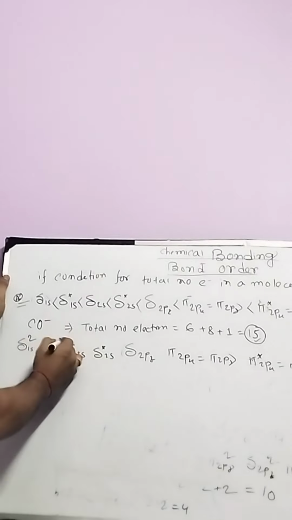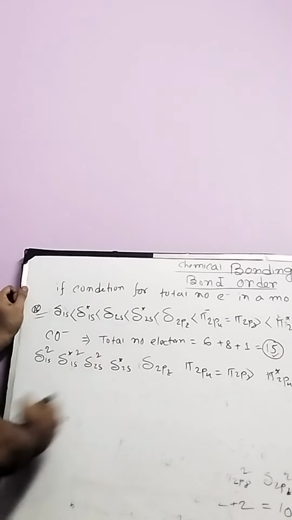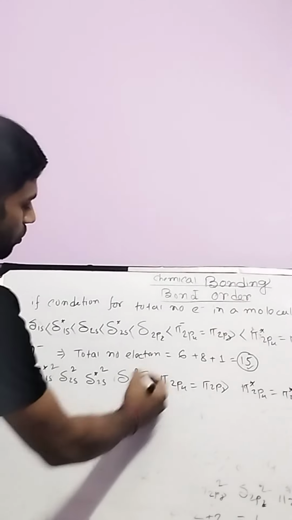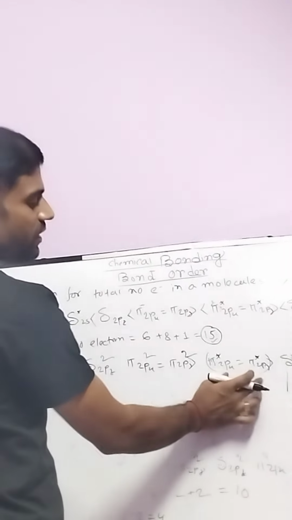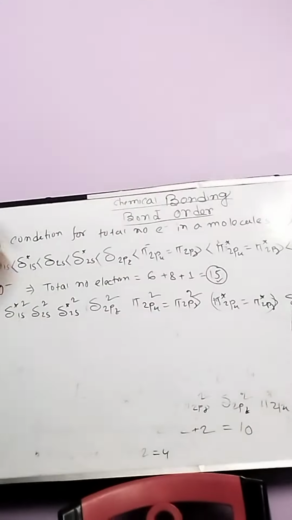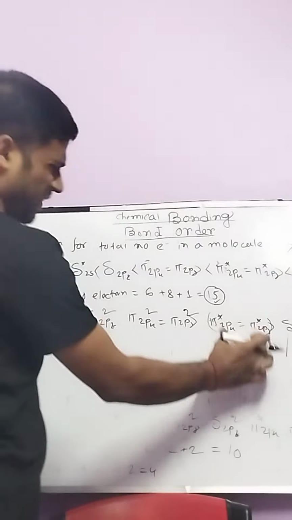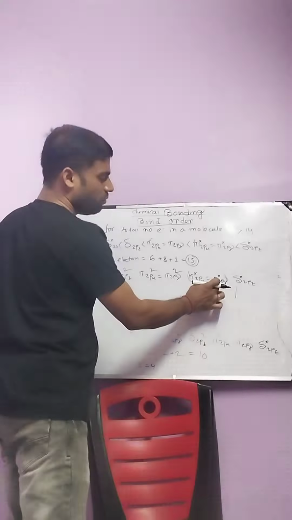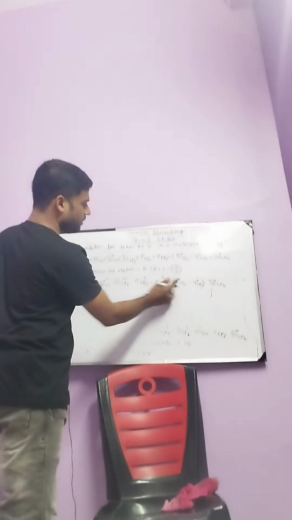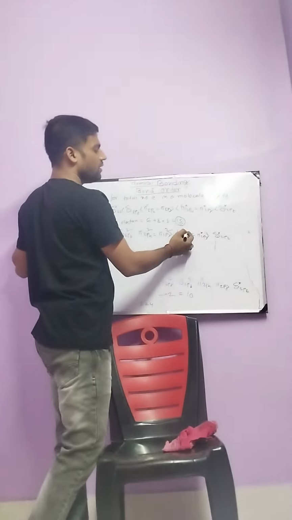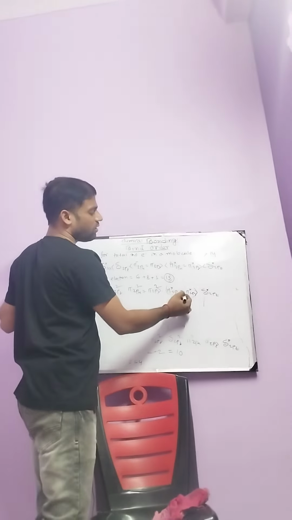So first fill 2, then 4, 6, 8, 10, 12, 14, and the remaining 1 electron goes in this arrangement. The equal sign indicates that two molecular orbitals have the same energy level. Up to 14 electrons are counted, so which orbital does the remaining 1 electron occupy, pi star 2px or pi star 2py?